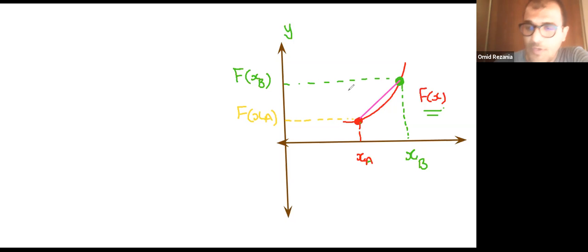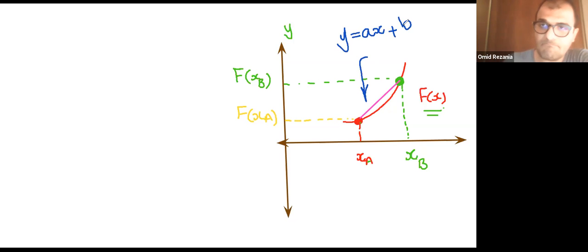And when you are working with a straight line, you know that the equation of a straight line can be represented like y equals ax plus b. You have seen that before, right? Anybody who hasn't seen the straight line equation?